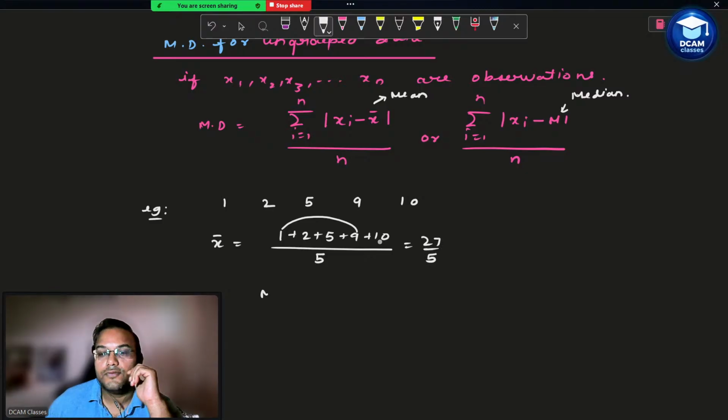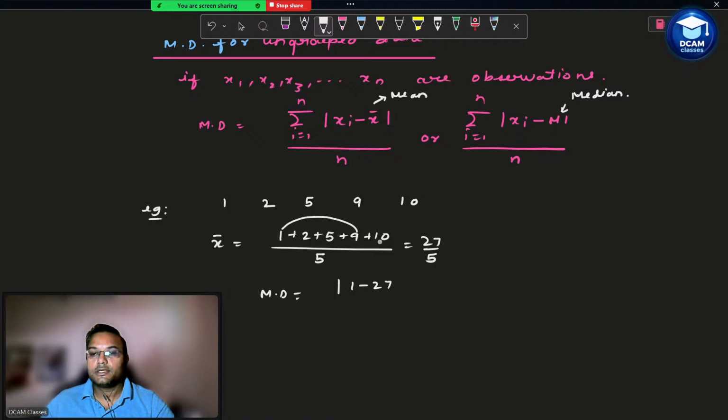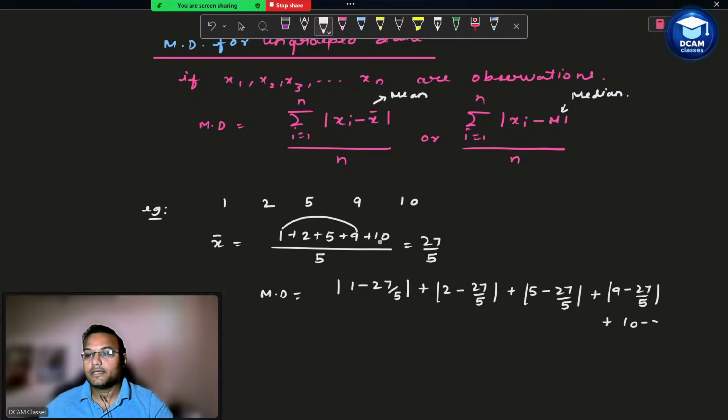Now how will you find the mean deviation? Just don't forget to take the modulus. Modulus of 1 minus 27 by 5, plus modulus of 2 minus 27 by 5, plus 5 minus 27 by 5, plus 9 minus 27 by 5, plus 10 minus 27 by 5.